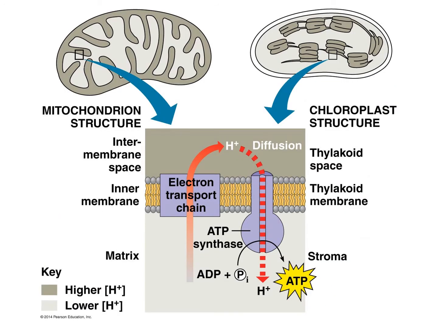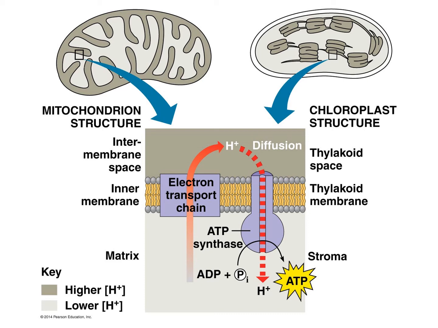There are many interesting similarities between chloroplasts and mitochondria, between photosynthesis and aerobic respiration. One of them is the use of electron transport chains and ATP synthase. In this figure, we see the portions of the organelles where hydrogen ions are pumped to during the electron transport chain activity.